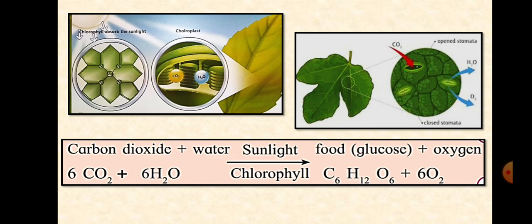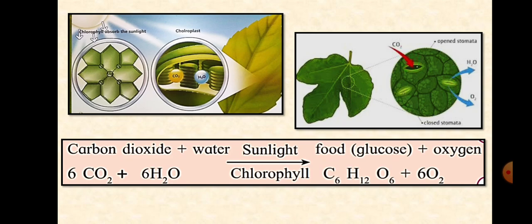Okay, fine. Now what happens, students? Plants convert the light energy that they get from the sun into chemical energy. And the food that is formed is stored. Okay, this chemical energy is formed in the form of food, which is then stored in the plants.